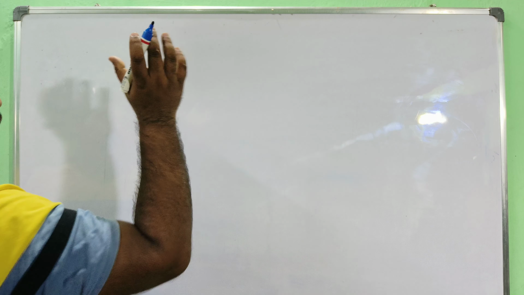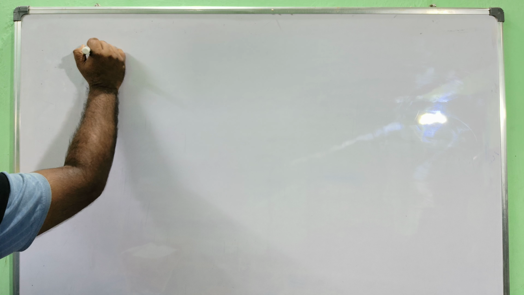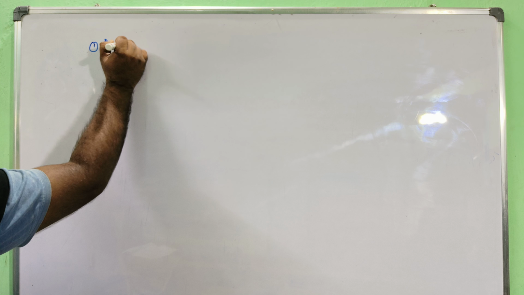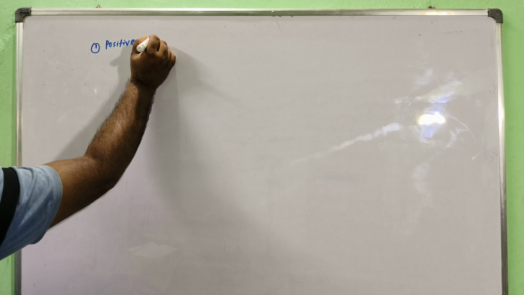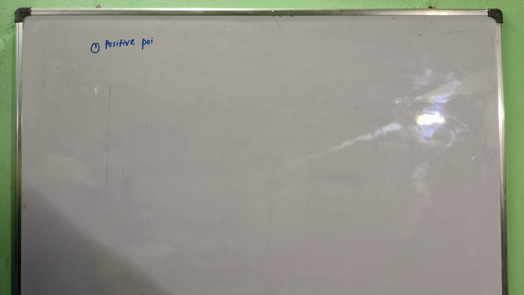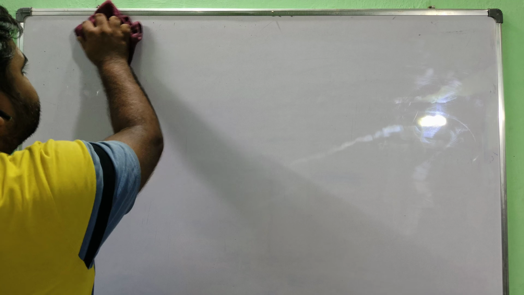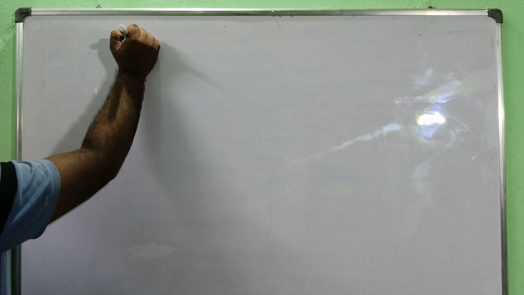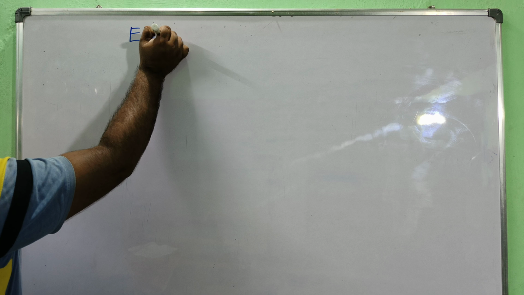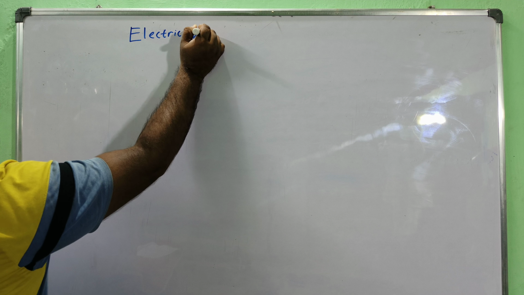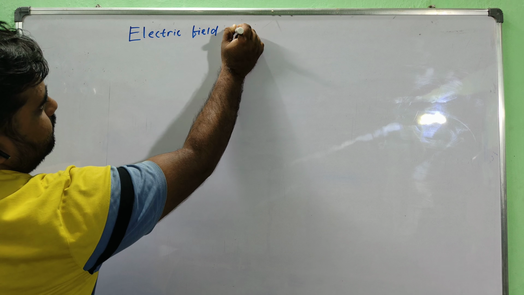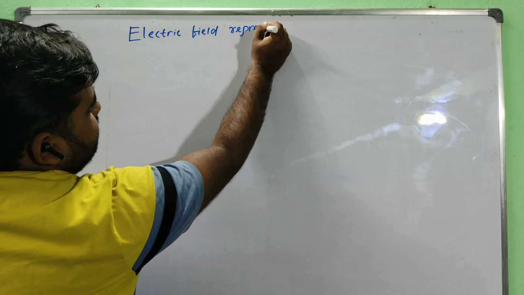So let us now draw some electric fields for some objects which can be asked in exams. If you are given a positive point charge, let me write the heading: electric field representation.